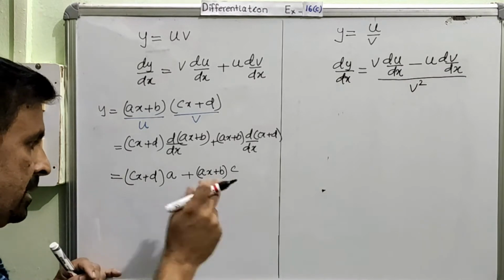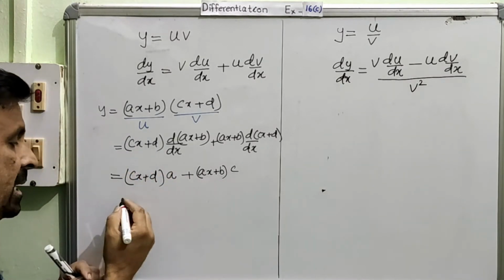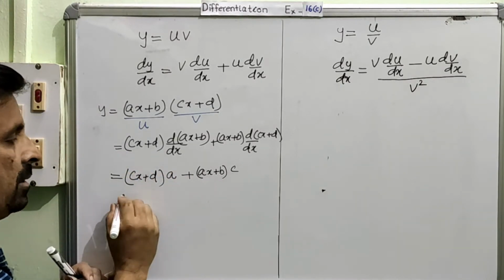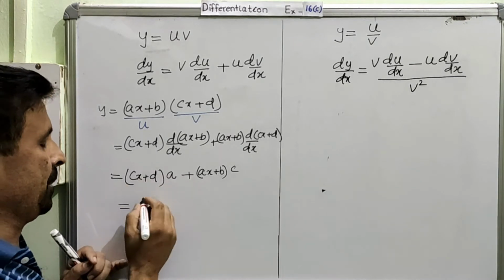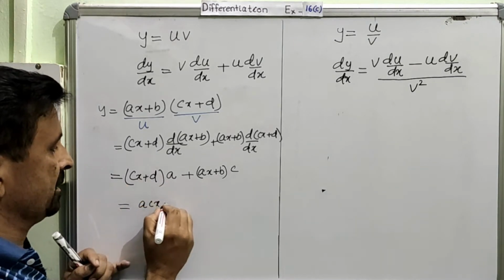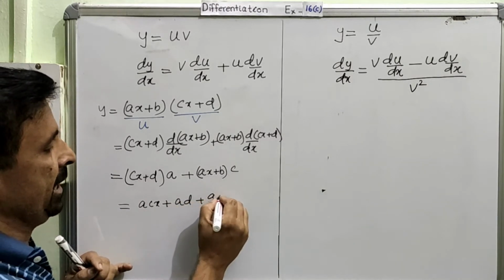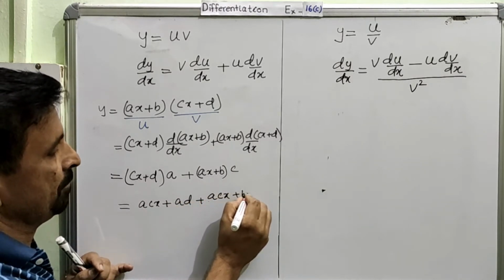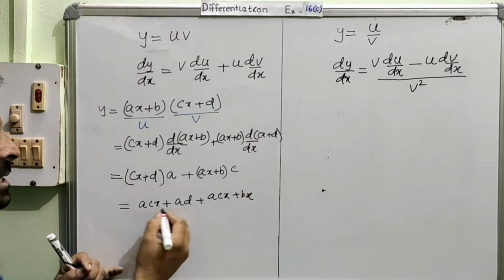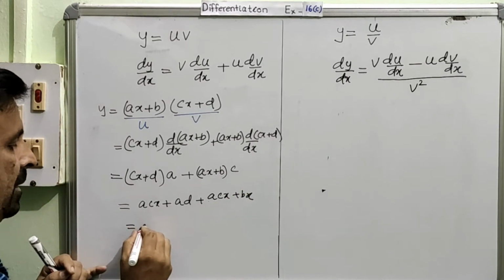After this we can simplify. The differentiation is done. Now only normal algebraic simplification. Multiply: acx plus ad, and on this side you are getting again acx plus bc. acx terms are like terms, therefore their coefficients will be added.